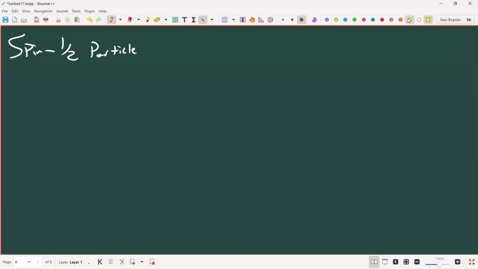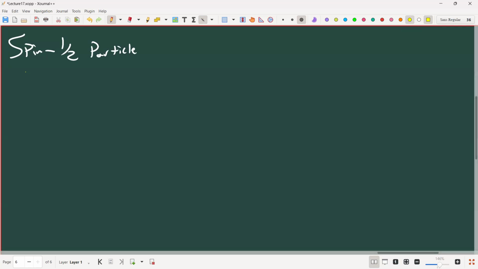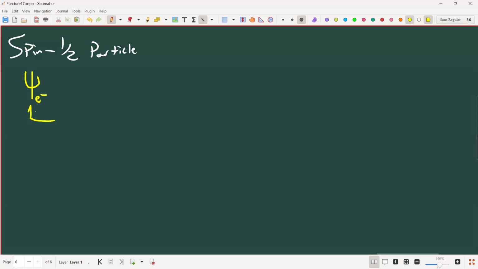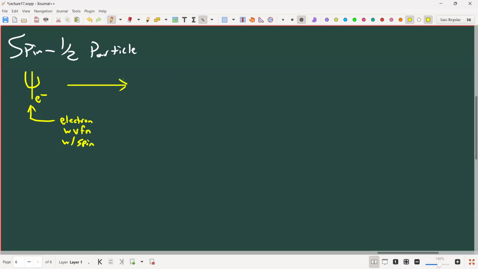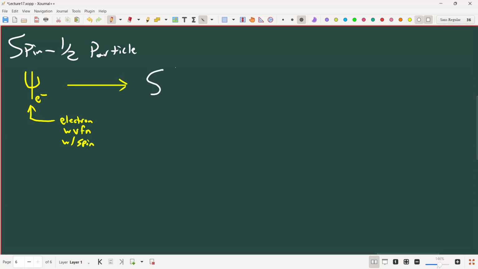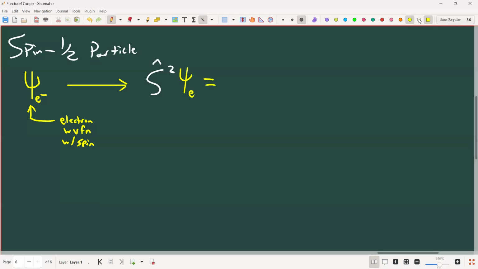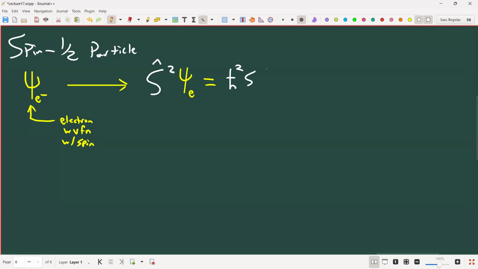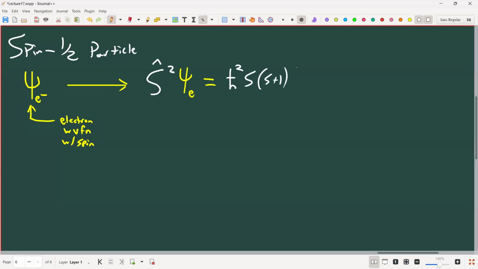Let's calculate a couple things really quickly. Imagine we have a wave function for an electron, our electron wave function with spin, and I put it inside a box that measures S squared. Remember, I get ħ squared s(s+1). That's the readout from my box.